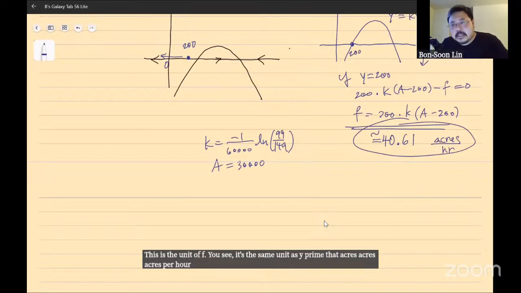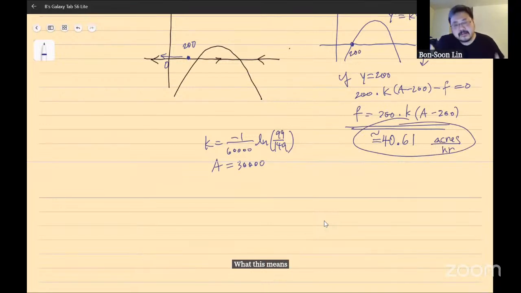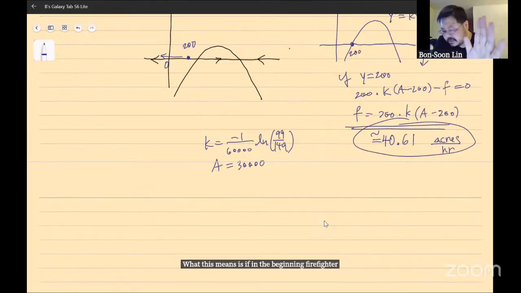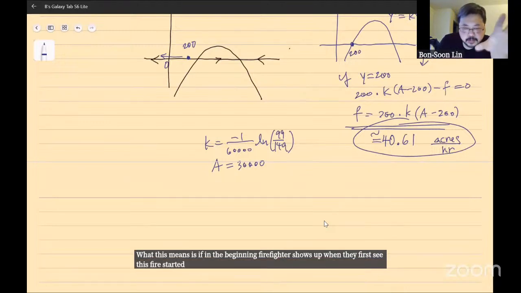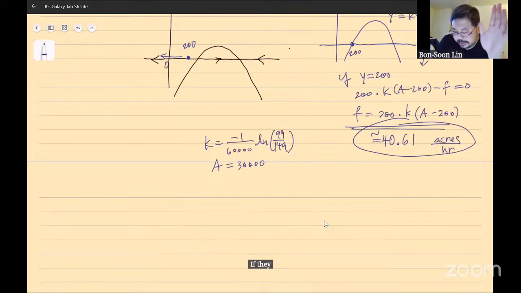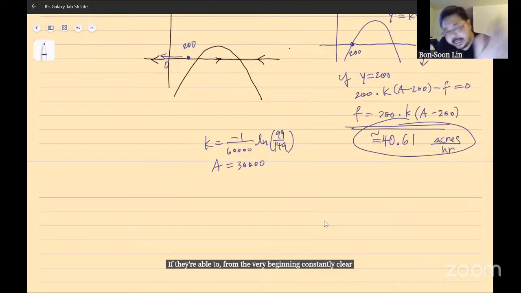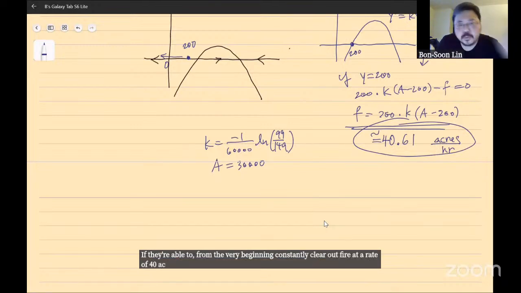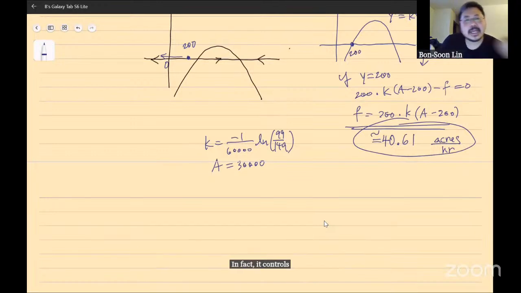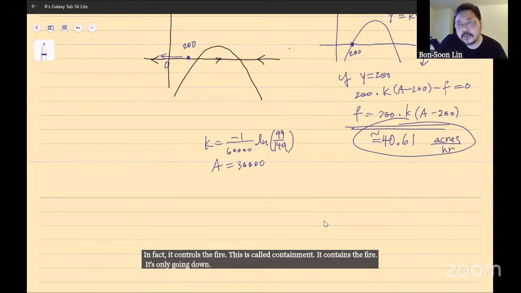What this means is, if firefighters show up when they first see this fire started and there's already 200 acres being burned, and they're able, from the very beginning, to constantly clear out fire at a rate of 40 acres per hour, then this will never spread. In fact, it controls the fire. This is called containment. It contains the fire. It's only going down. There's no going to the right.